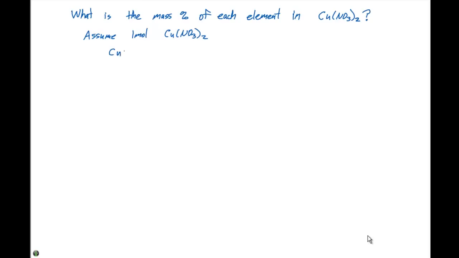So in terms of copper, there's 1 copper atom in this complex, and we know that that's going to have a molar mass of 63.5 grams. So we have 63.5 grams coming from the copper. In the nitrogen, we have NO3 twice. So there's going to be 2 nitrogens times 14.0 grams.